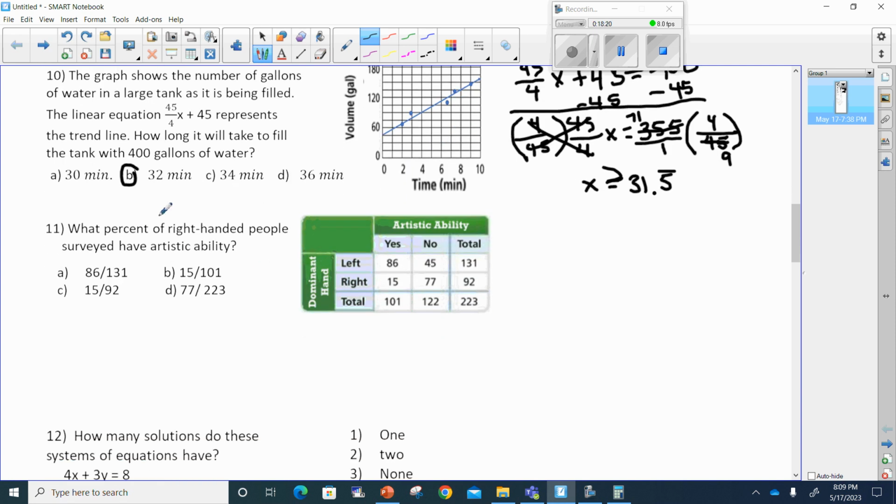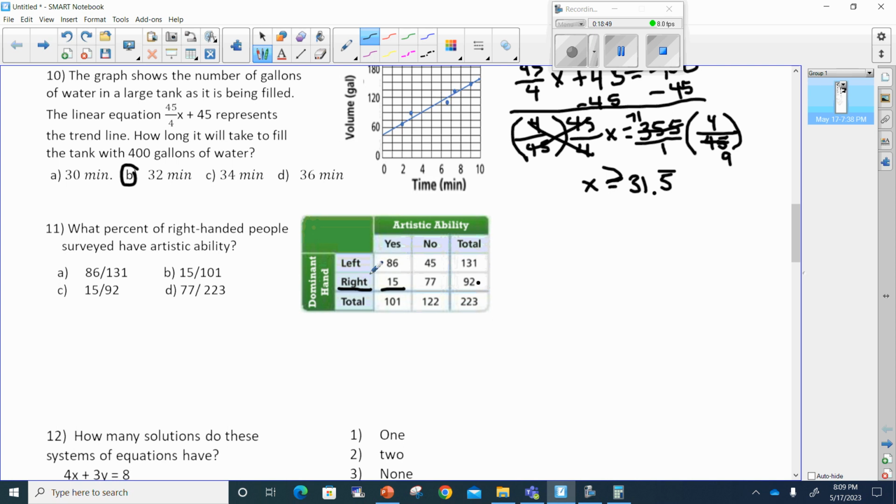All right, number 11 says, what percent of right-handed people surveyed have artistic ability? Well, first we're going to go to the right-handed people, okay? And it says, of these right-handed people surveyed, have artistic ability. Artistic means yes, which means we're talking 15 out of 92, right?